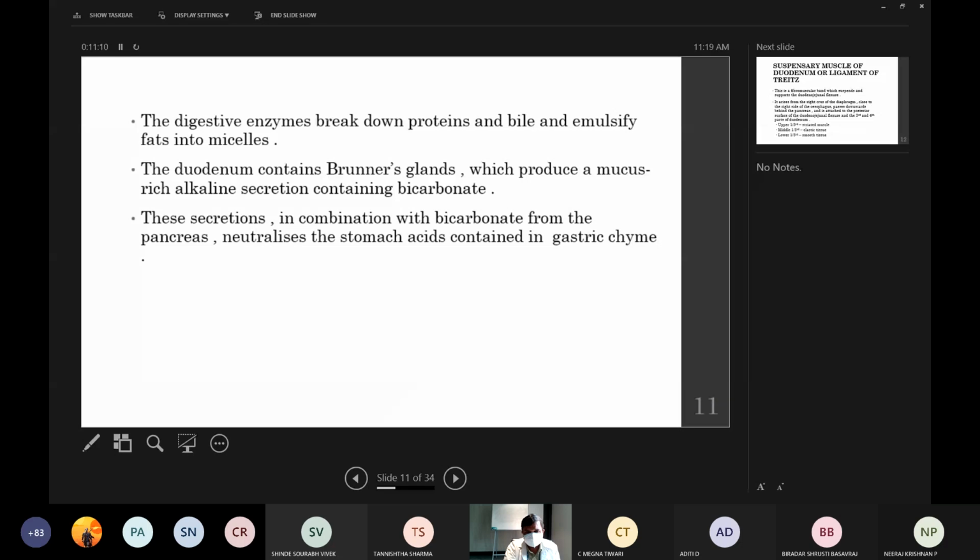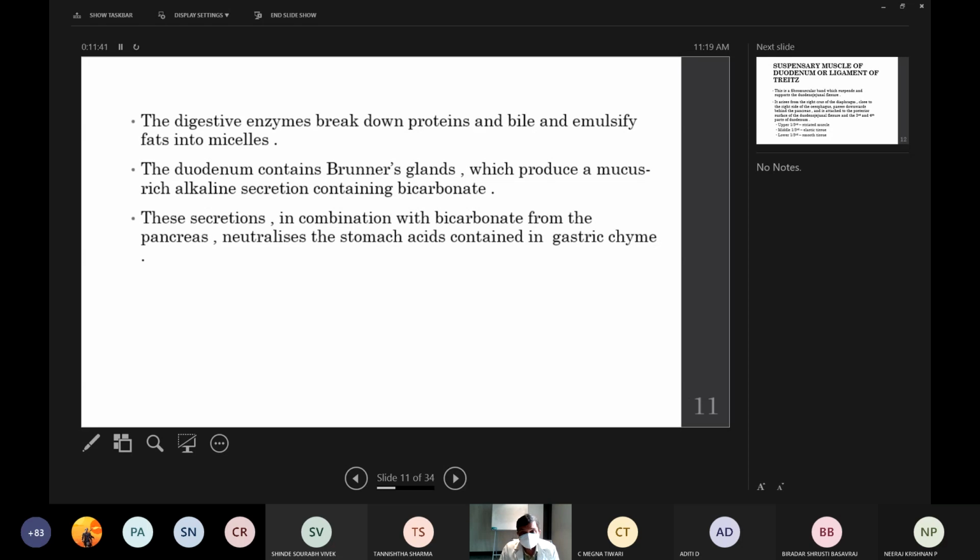Duodenum contains Brunner's glands, which produce a mucus-rich alkaline secretion containing bicarbonate. The stomach, as you already know, contains goblet cells, which also produce mucus. The duodenum contains glands called Brunner's glands. In the submucosa there are mucus-secreting glands. The submucous layer contains glands which are mainly mucus secreting.